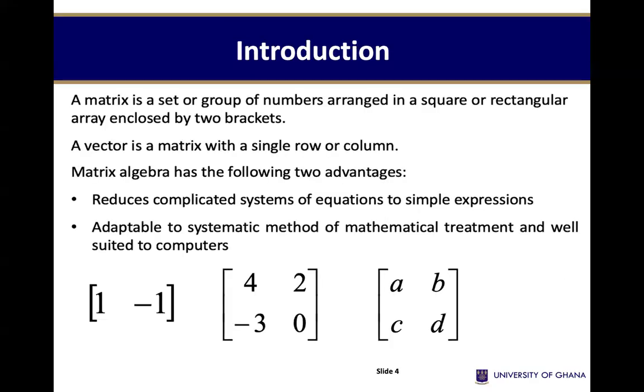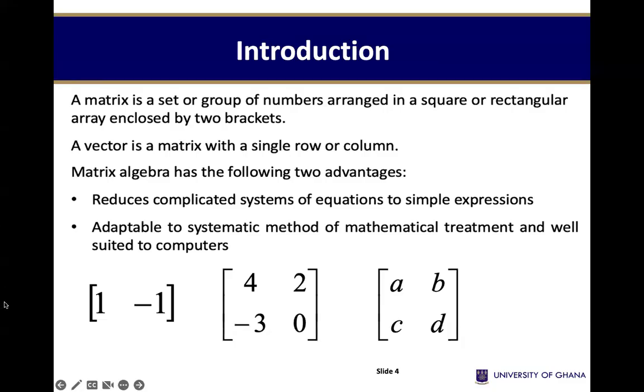So when we talk of a matrix, what comes to mind? Basically, a matrix refers to a set or a group of numbers arranged in a square or a rectangular form, normally in an array form, enclosed using two brackets.